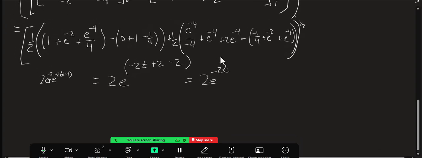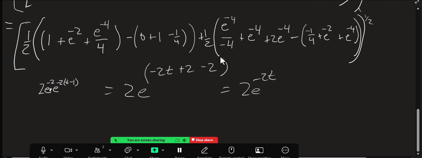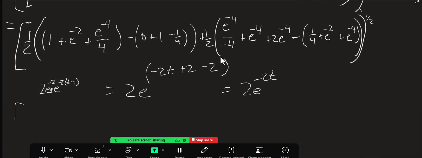And then let's see, what do we have in there? So I've got everything is times 1/2. So I've got a plus 1 and a minus 1. Those cancel out. I've got a plus 1/4. I've got a plus e to the minus 2 and a minus e to the minus 2.